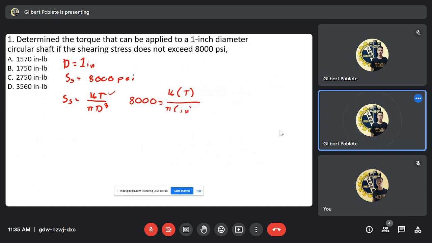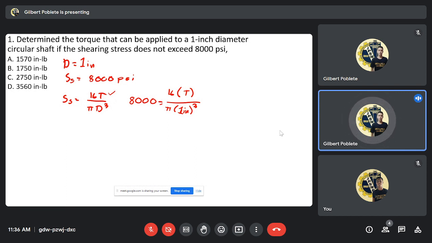Ayan, calculate na natin. Ayan, nakita ko na si scientific calculator.